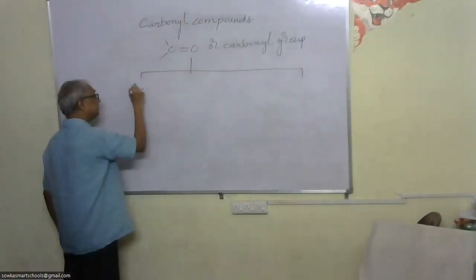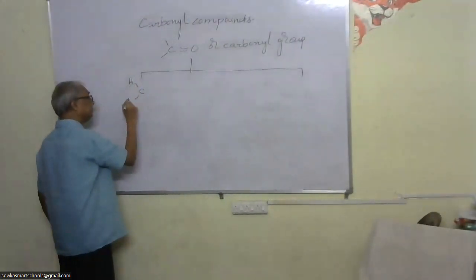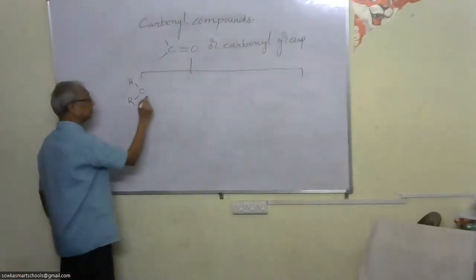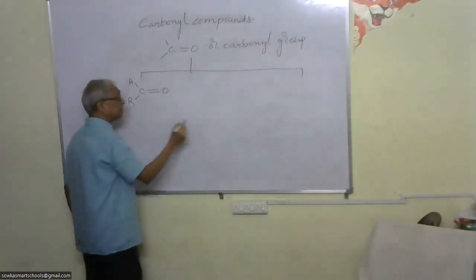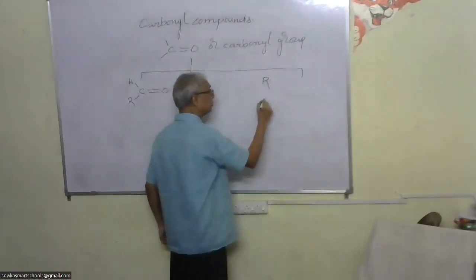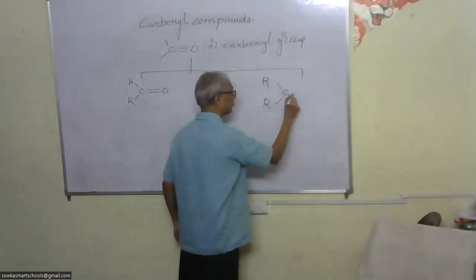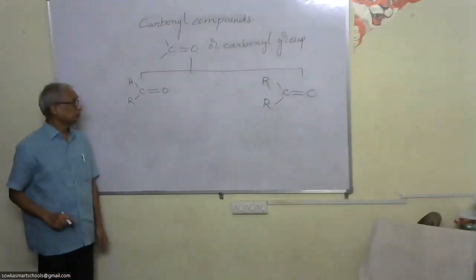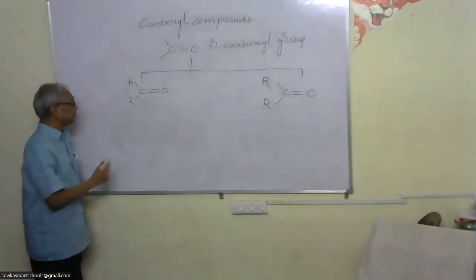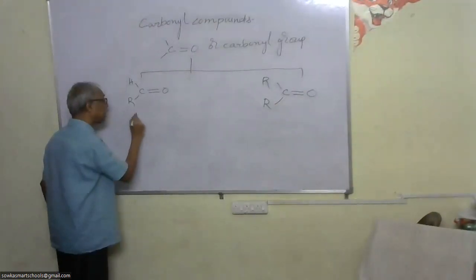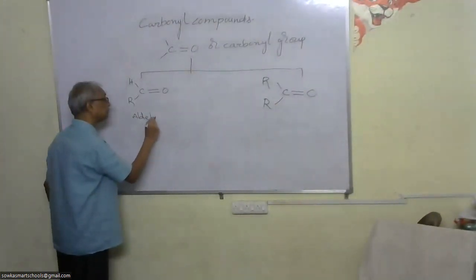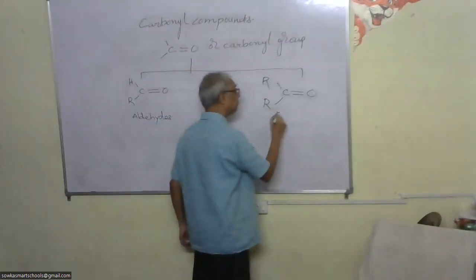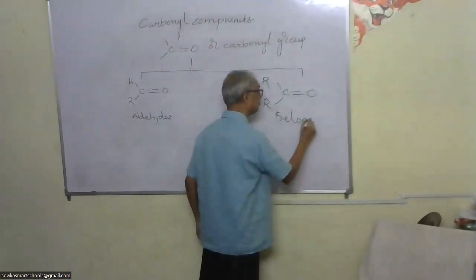The first category consists of H and R in the place of these two bonds. And the second category consists of both alkyl groups, like this. These compounds are known as aldehydes. And these are known as ketones.